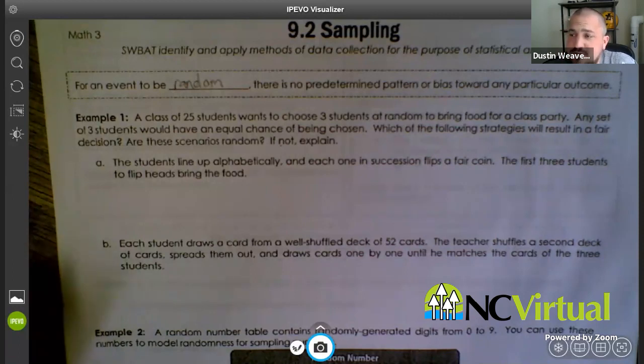If you get heads, you bring food. Then the next person, if you get heads, you bring food. And then the next person, but only 3 bring food. What's going to happen more than likely?